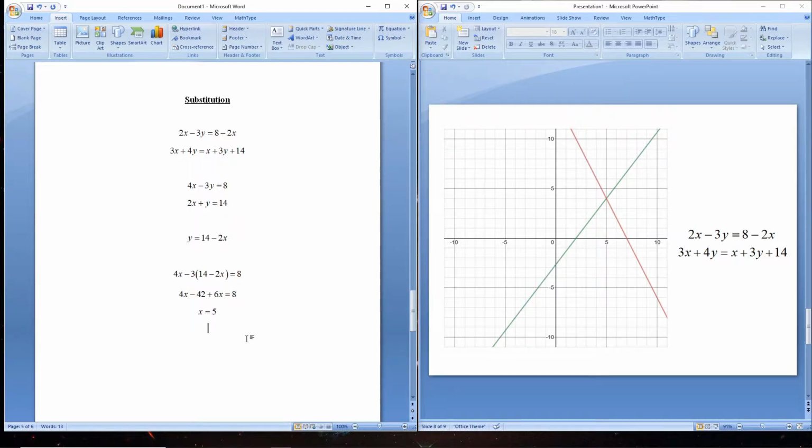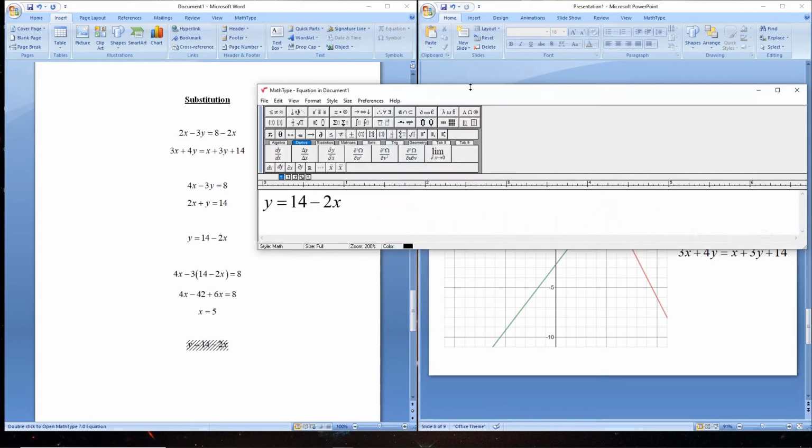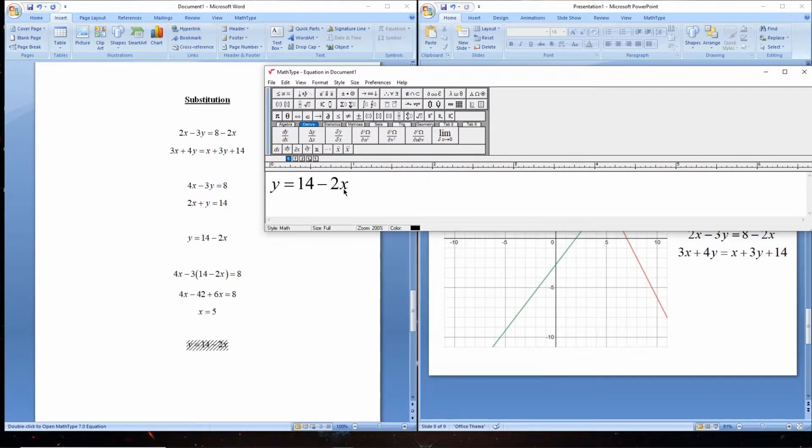And now once we have an answer, we do have to get the other letter's answer. So we'll take this x equals 5 and plug it into one of the equations. It doesn't matter which. So say this one here. Instead of x, we know x is 5, and so we'll plug that in. Of course, 2 times 5 is 10. And then 14 minus 10 is 4.